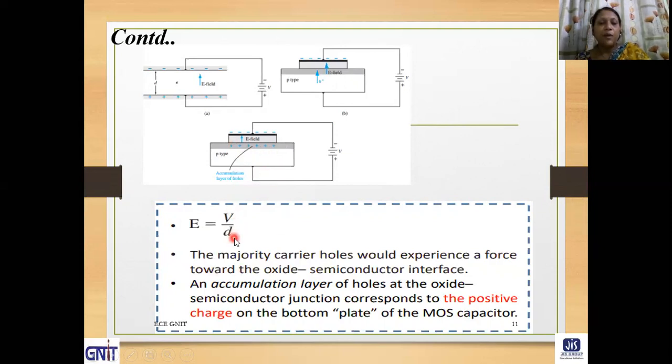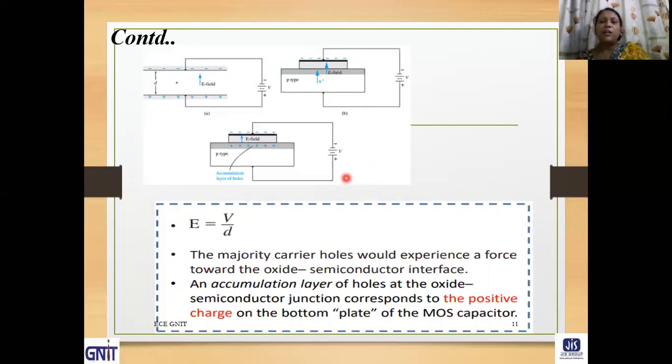E equals V by d, we know, where d is the distance. The majority carrier holes would experience a force towards the oxide. An accumulation layer of holes at the oxide semiconductor junction corresponds to the positive charge on the bottom plate of the MOS capacitor, as per this diagram, as we have applied negative gate voltage.